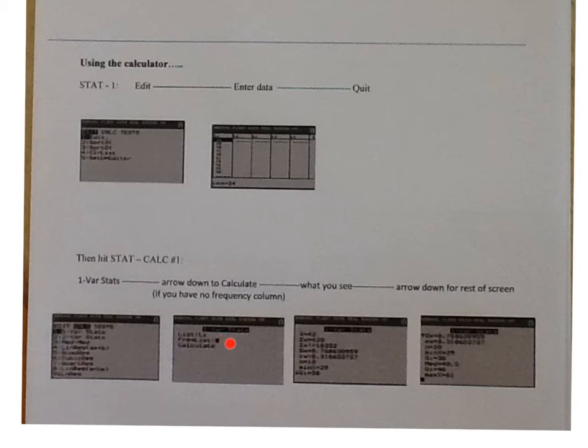We have no frequency because we didn't put anything into list 2. We will eventually have a list 2. And then we want to do calculate. So just scroll down and hit calculate. And you should see these two. You'll see this screen here, and then to see the rest of the information, you have to scroll down to see this stuff over here.